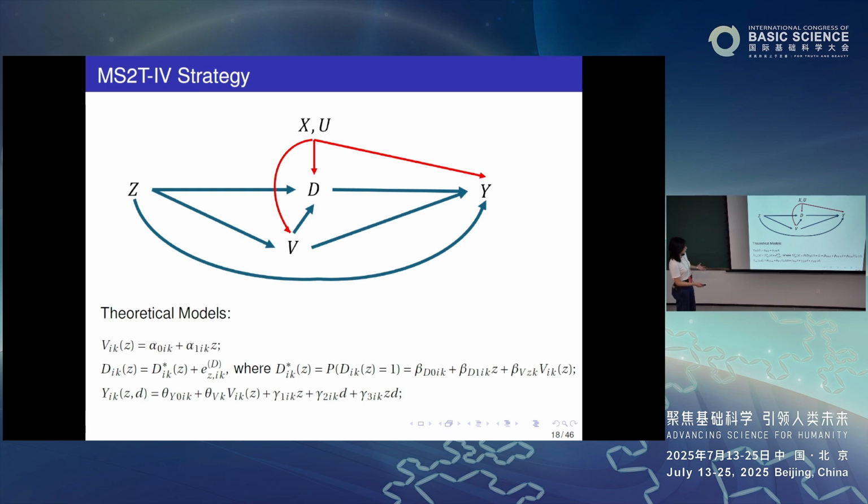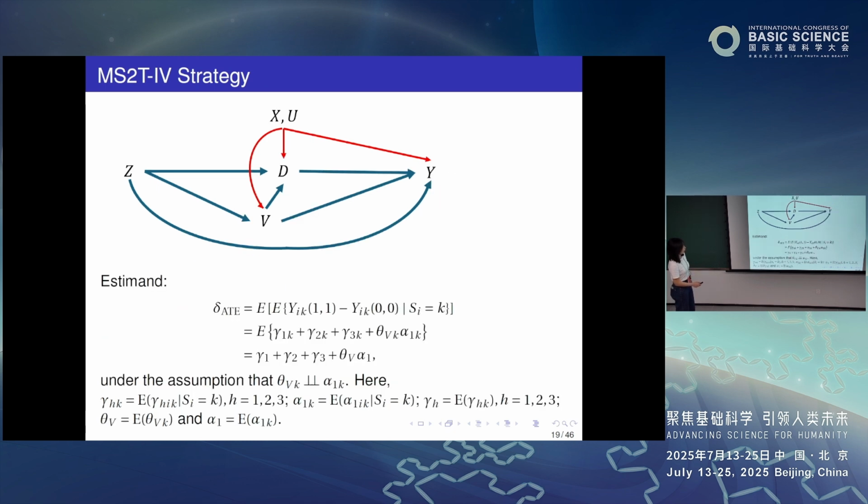And under this theoretical model, we can calculate our target, our estimand, the cumulative average treatment effect. What we do is, once you have the model for everything, you can plug into the formula, and then we obtain that under some assumptions, the ATE is represented by the following parameters: gamma 1 plus gamma 2 plus gamma 3 plus theta V times alpha 1.